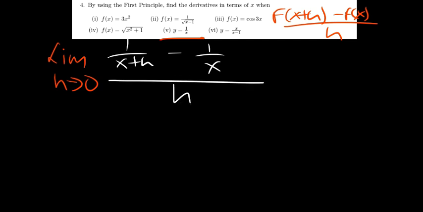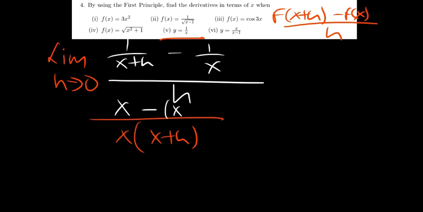For the fractions, the common denominator is x plus h multiplied by x. If you divide by x plus h, you're going to remain with x. If you divide by x, you're going to remain with x plus h as well. So don't forget the limit as h approaches 0, and don't forget you're dividing by h as well.